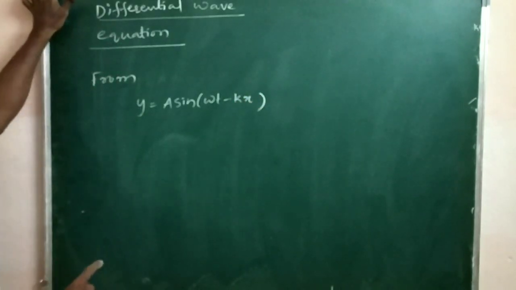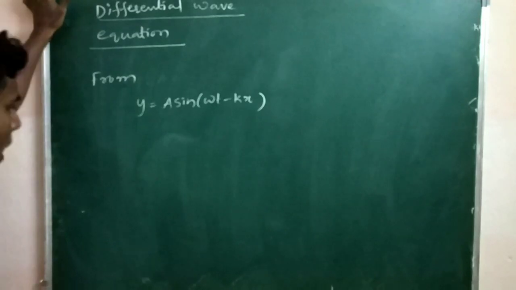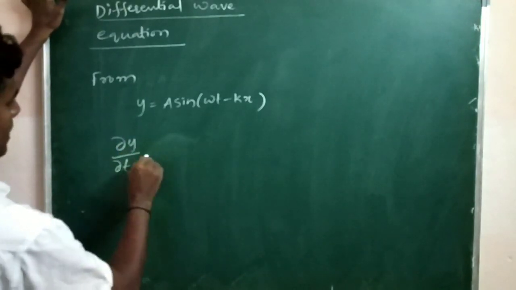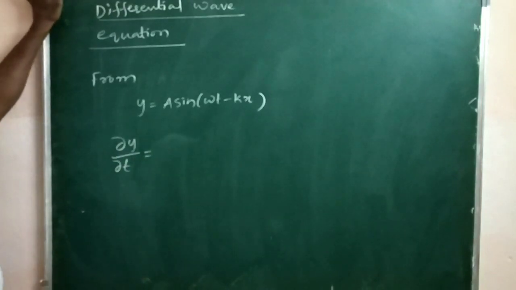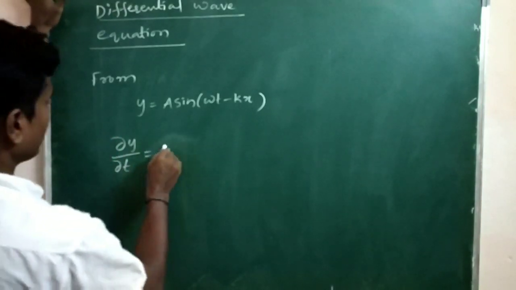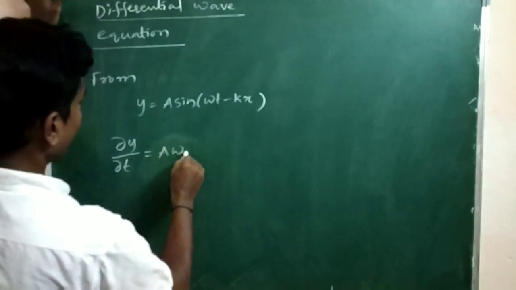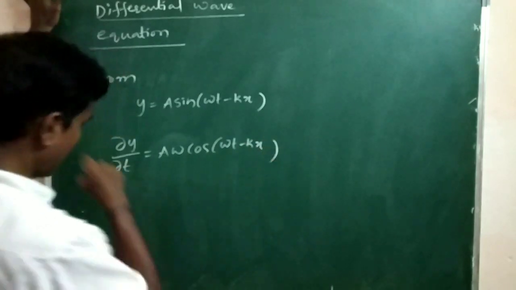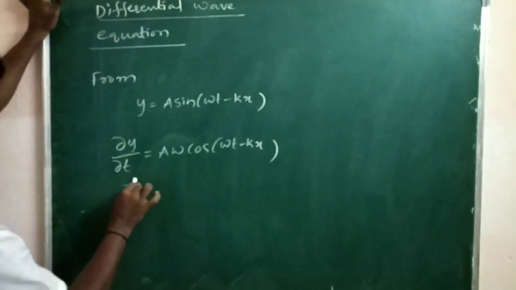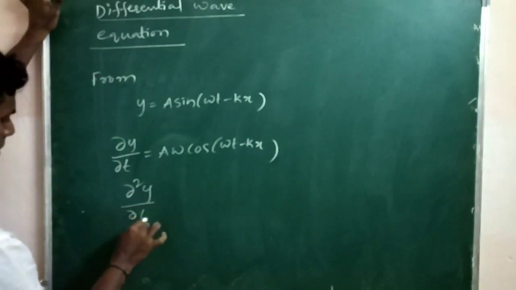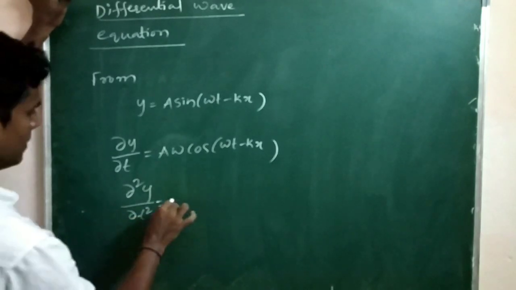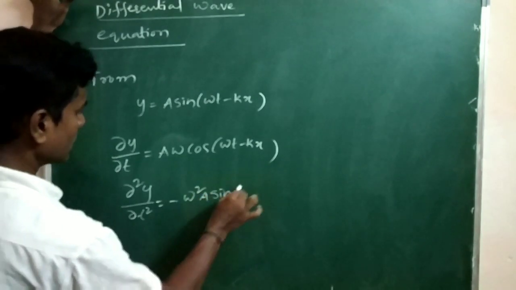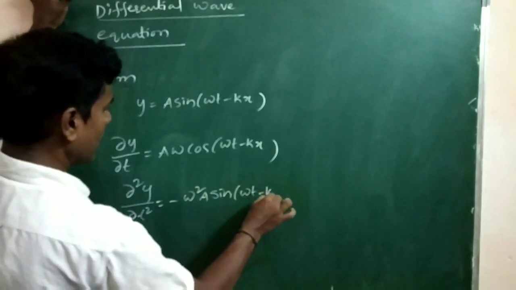Differentiating this displacement wave with respect to time, del y by del t equals a omega cos omega t minus kx. Del square y by del t square equals minus omega square a sin omega t minus kx.